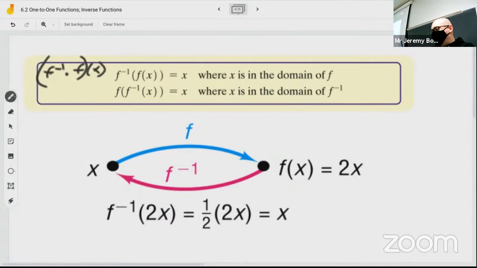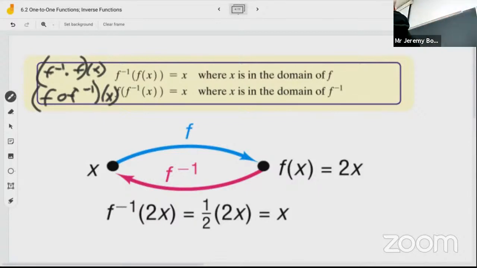And if you do f composed with f inverse of x, you're also just going to get x.